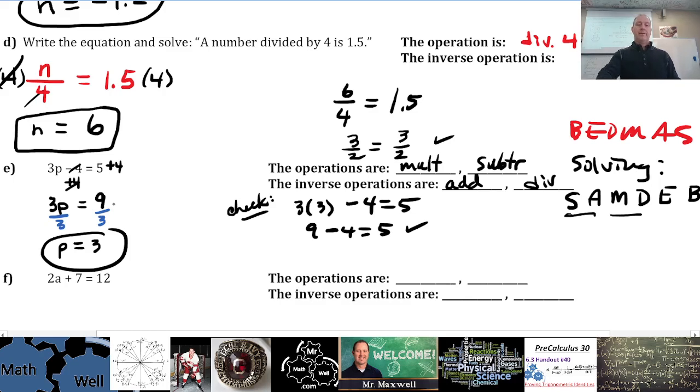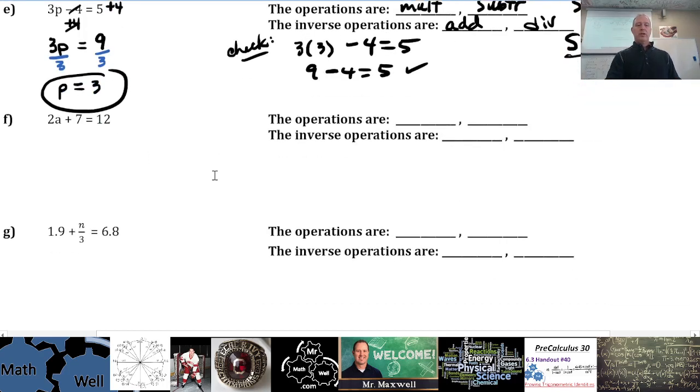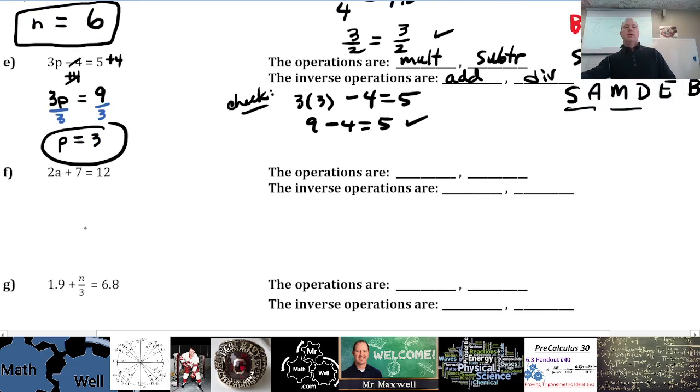All right. Let's do one more together, and you can take this nasty one with the decimals. This one, the operations are multiplying and adding, so we're going to do subtracting and dividing, the opposite operations in opposite order. Subtracting first, so minus 7, minus 7.